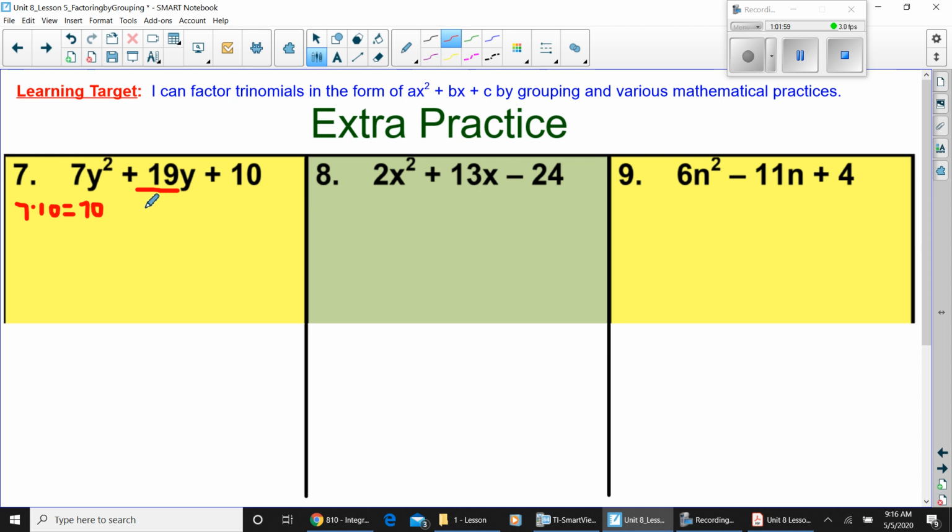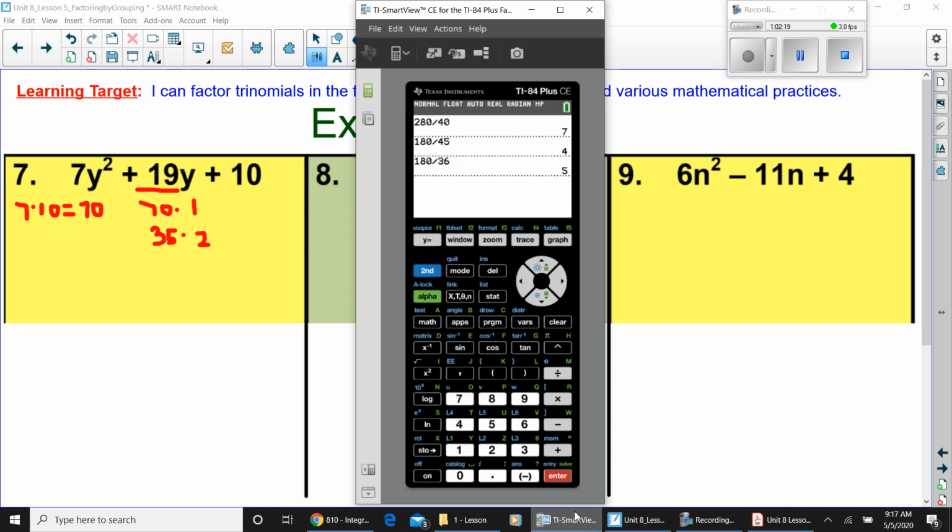I usually start with 70 times 1, and that doesn't work. And then 35, half of 70, is 35 times 2. I usually use my calculator for this. And then I would take 70 and try to divide it, let's see, 70 divided by 3, and see if that goes in.